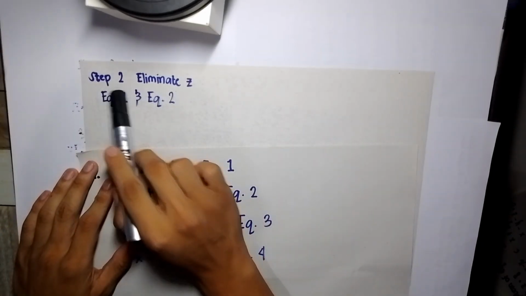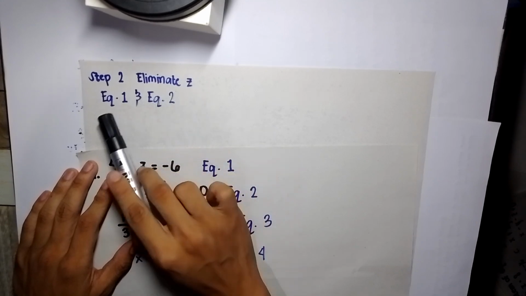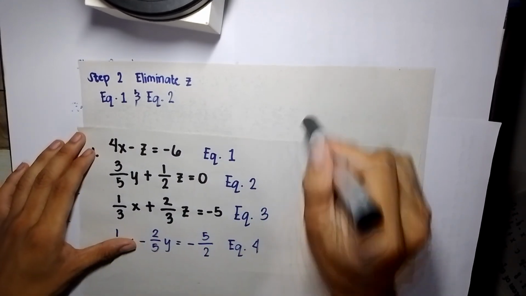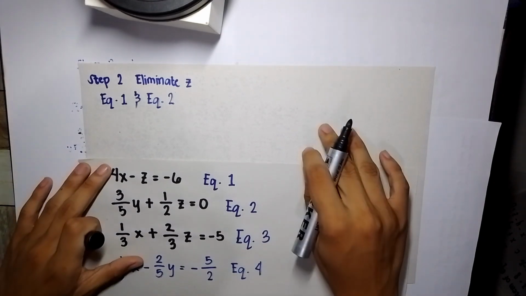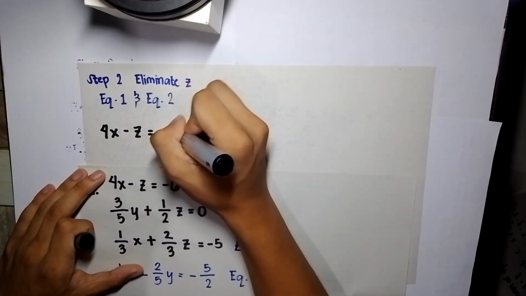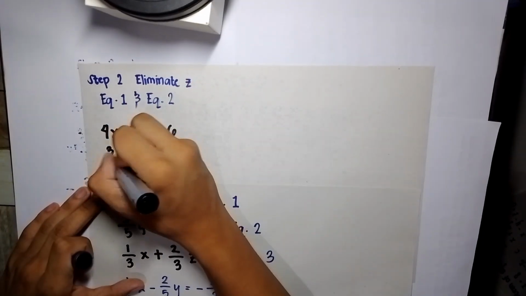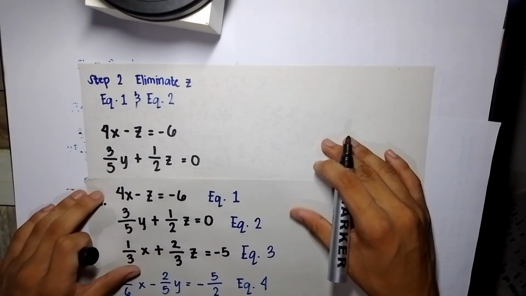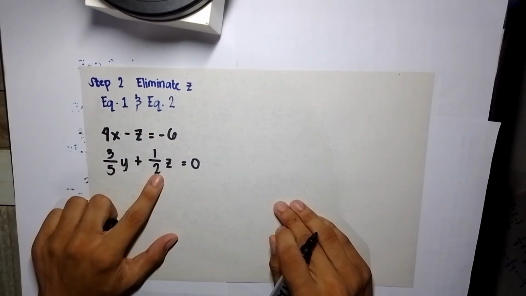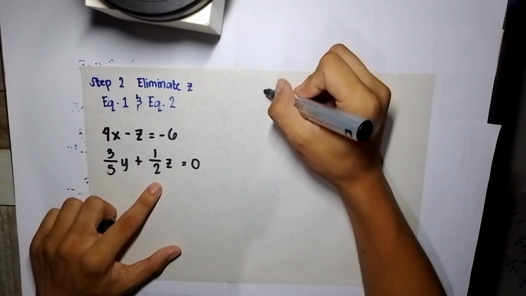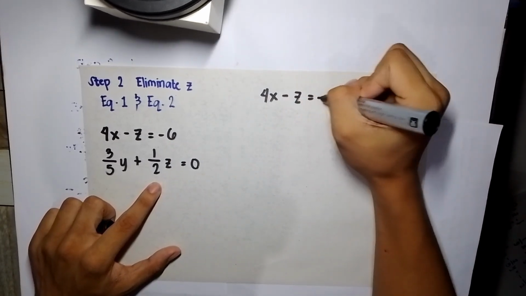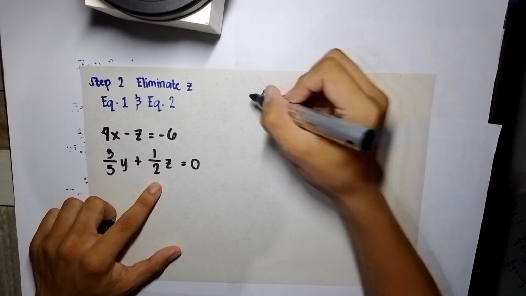Step 2 is we're going to eliminate z using a different equation. Namely, the equation that I choose is equation 1 and equation 2. Since we want to eliminate the variable z, we are going to multiply equation 1 by 1/2.